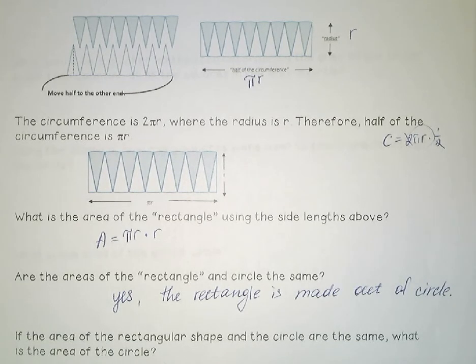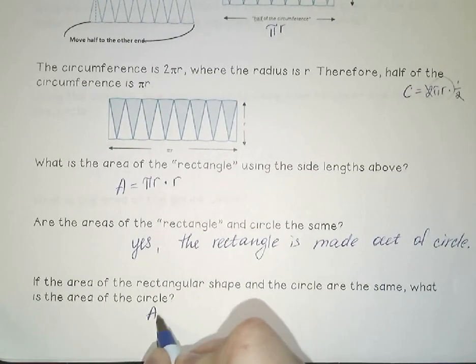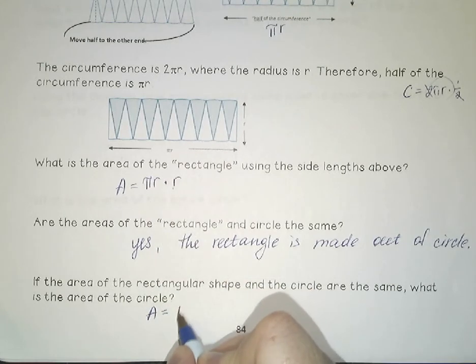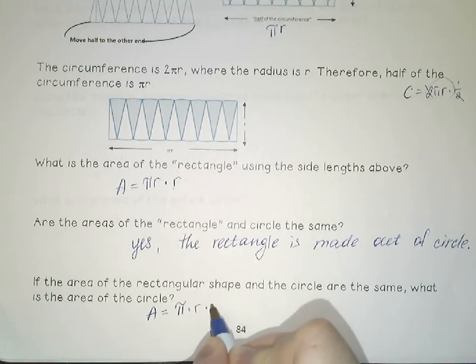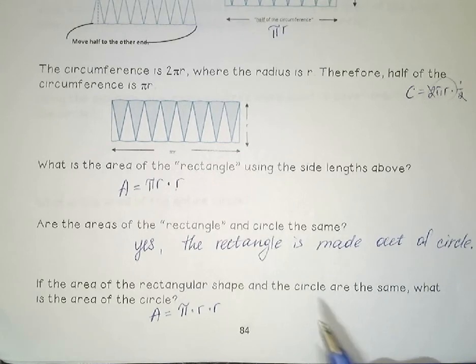If the area of the rectangular shape and the circle are the same, what is the area of the circle? The area of this circle is going to be exactly the same as the area of this rectangle. A equals pi times radius. Going back into our module 2, when I multiply a number by itself, that will give me the radius squared, wouldn't it?